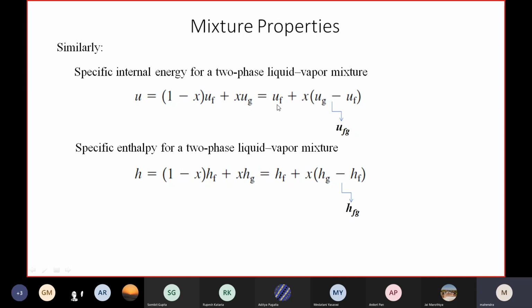That means at a particular pressure and temperature, these two values Uf and Ug you can get from your steam table, and the X value we will calculate from the given data. That way you calculate the mixture internal energy anywhere in the latent heat zone. The same way, the mixture enthalpy we will also calculate.